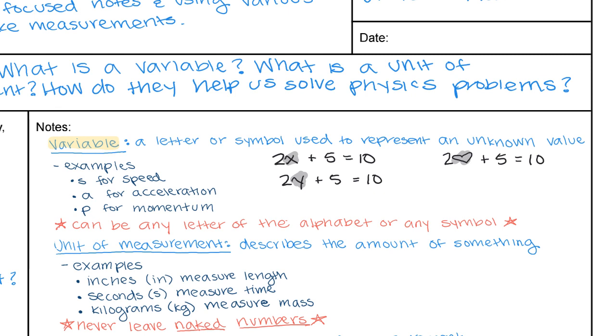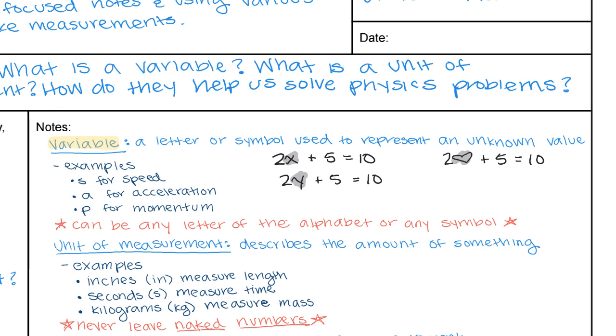We will talk in the future about examples of speed and acceleration and momentum as we go on in this class. Most of the time in physics, you will notice that we choose the variable using the first letter of that value.